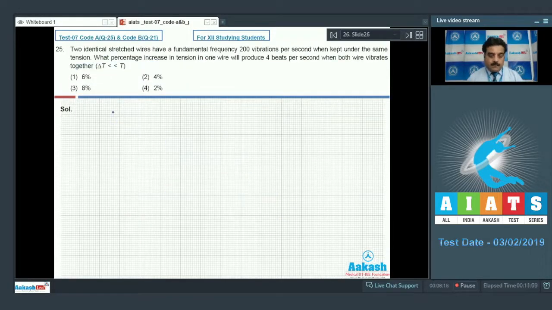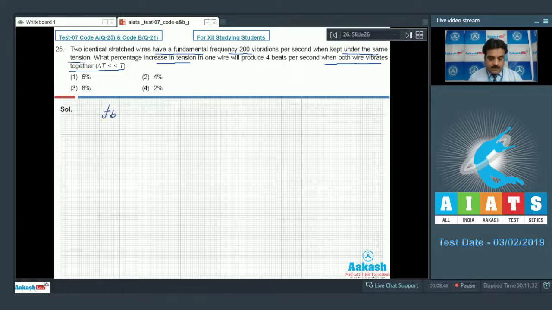In question number 25, two identical stretched wires have a fundamental frequency of 200 vibrations per second when kept under the same tension. What percentage increase in tension in one wire will produce 4 beats per second when both wires vibrate together, and delta T is much less than T?